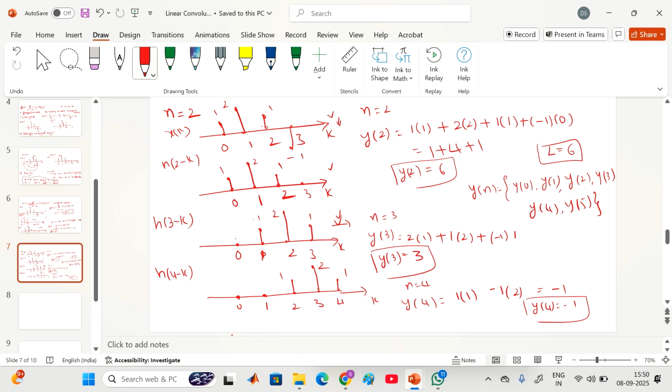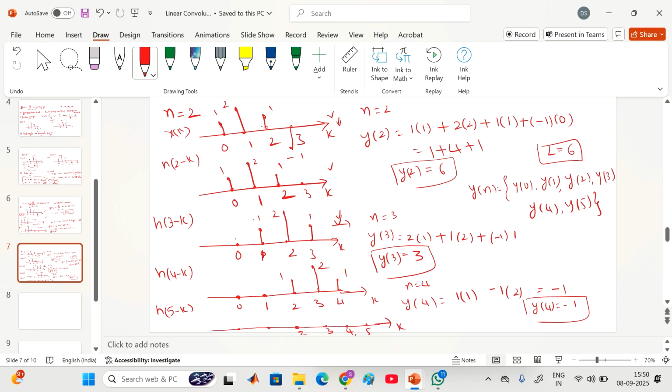Then the last, that is n is equal to 5. h of 5 minus k is equal to, again the same values will be shifted by one more sample to the right side. Then I have 2, 3, 4, 5.